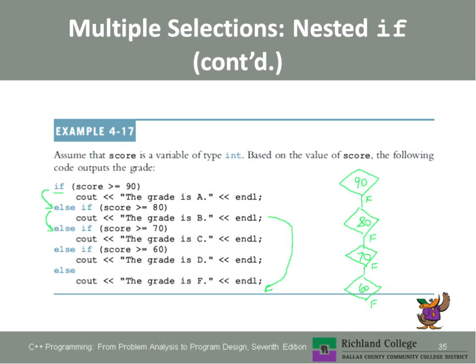then you're comparing it to 60. Now if it's false for 60, then the only thing that you have to have is an output statement.